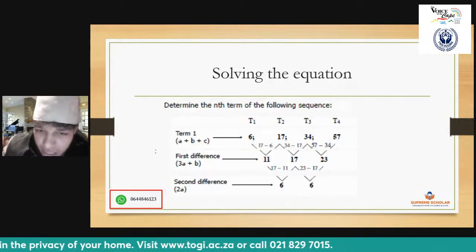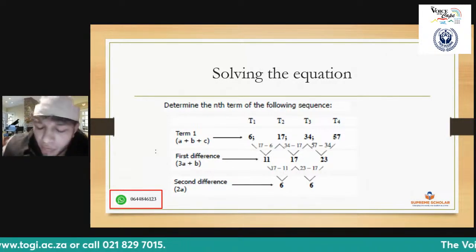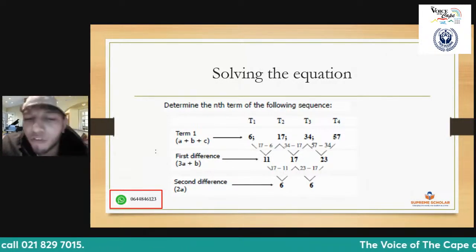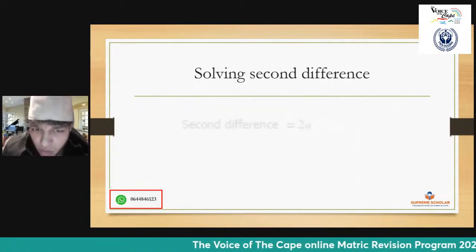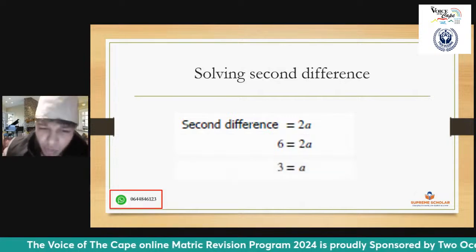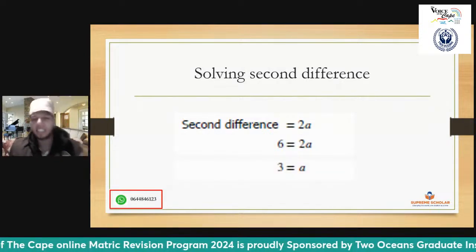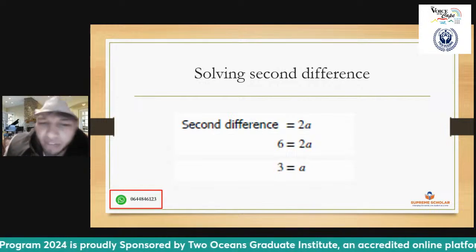As you can see, my second difference is 6. I'm solving for my A. D2 is equal to 2A, so in place of D2 I put 6 is equal to 2A, and A will equal 3. That is basically dividing both sides by 2. So we have our A value.